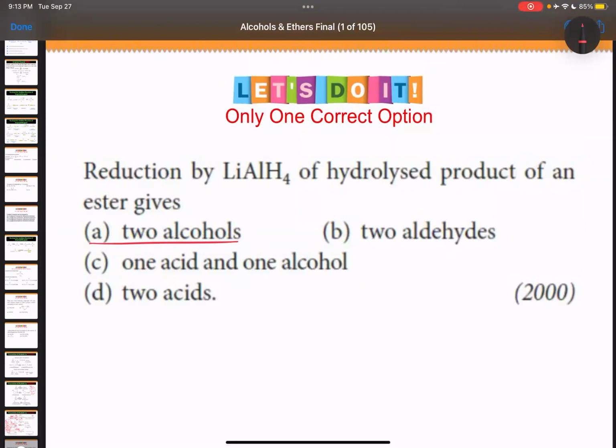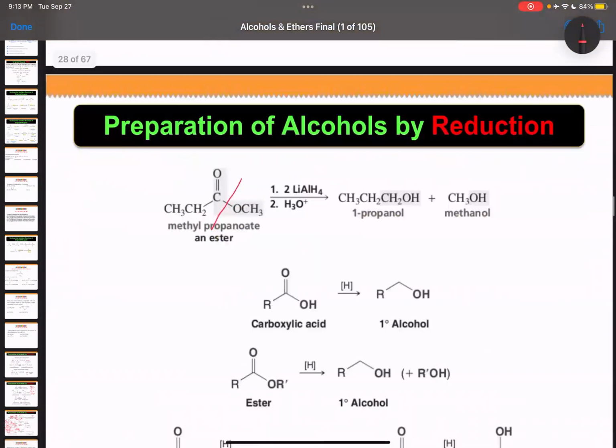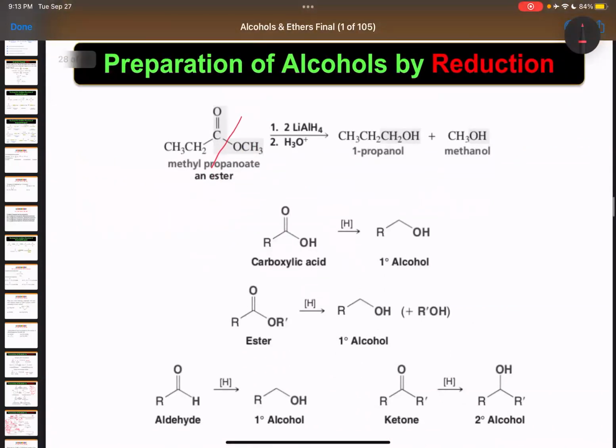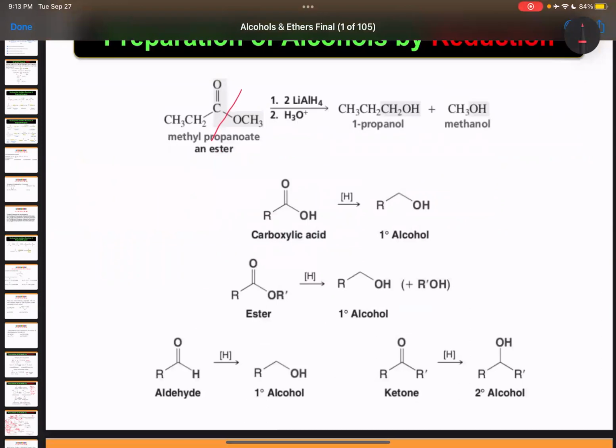They both can be same or different, that's a different matter, but two moles. NaBH4 will not reduce esters or anhydrides. So this one is clear. Yes, sir. Okay, good.